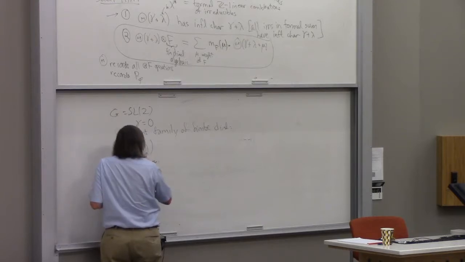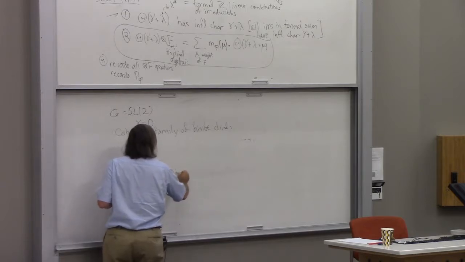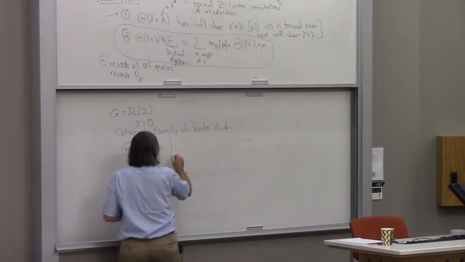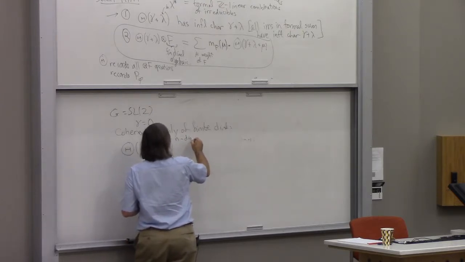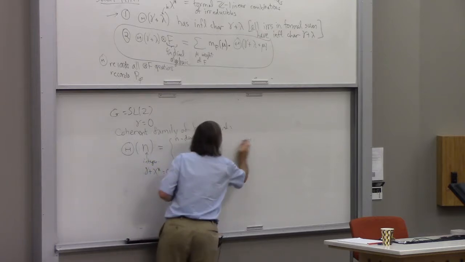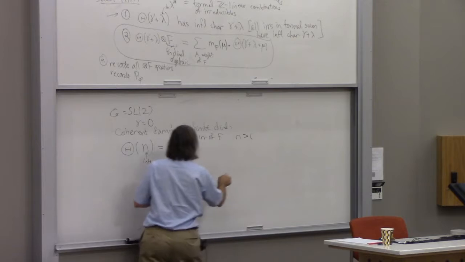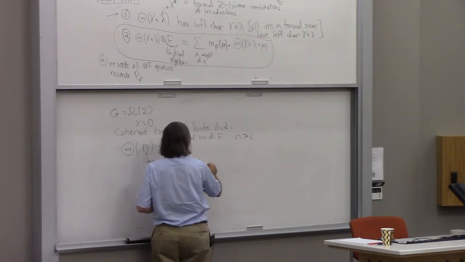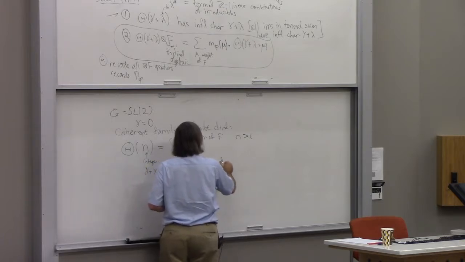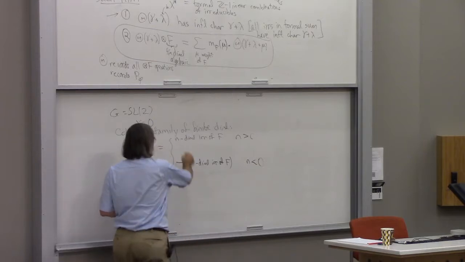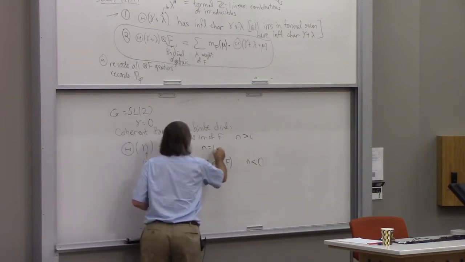I mean, it's an element of gamma plus X upper star, so it's 0 plus an integer. It is equal to the n-dimensional irreducible of F if n is bigger than 0. It's minus the n-dimensional irreducible of F if n is less than 0, and it's 0 if n is equal to 0.